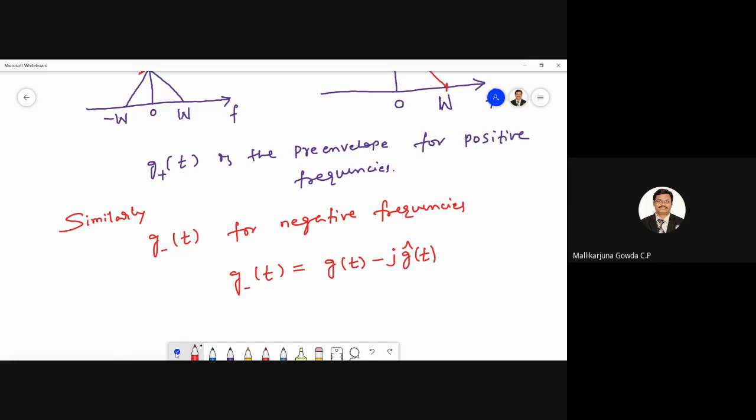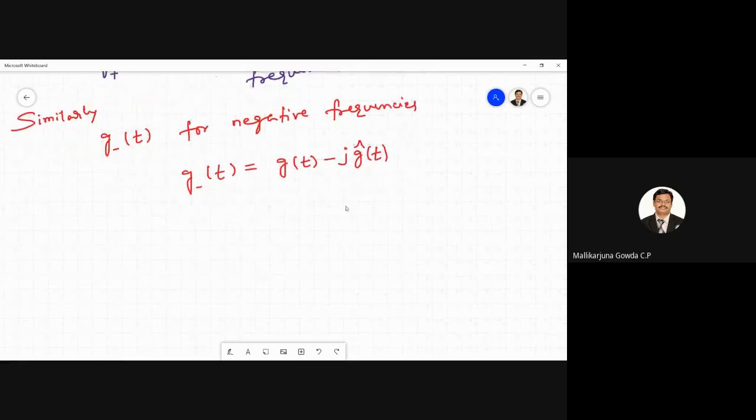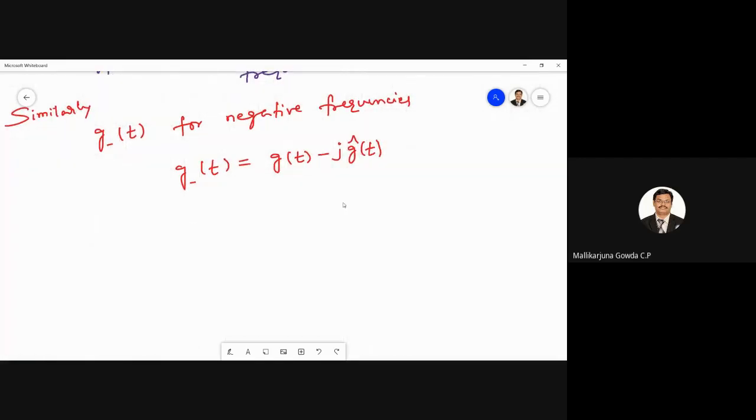So you write its equivalent in frequency domain and try to say what is G minus of f. And with the same example, you just draw what is G minus of f. Hope we will be able to do that. I will give 2 minutes time. Please try by yourself. Take the Fourier transform of this, and then you know what the sign function is, right? You substitute that and say what is G minus of f.